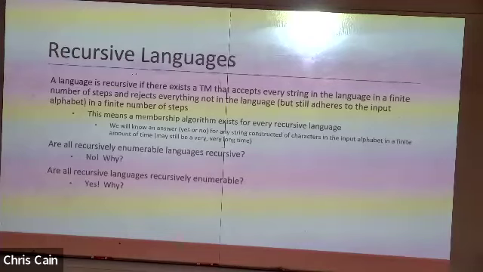I'm a little confused about bozo sort being recursive, because it says that it needs to accept in a finite number of steps, and you can't guarantee that it'll accept ever. Would that still be contained in the group of things that can be accepted in a finite number of steps? Yes, basically, you can become 99% confident, you can become 99.9% confident.